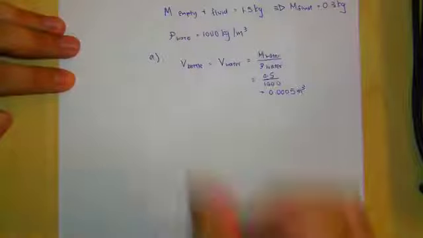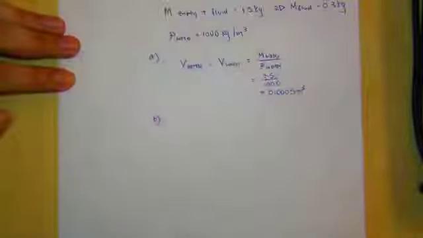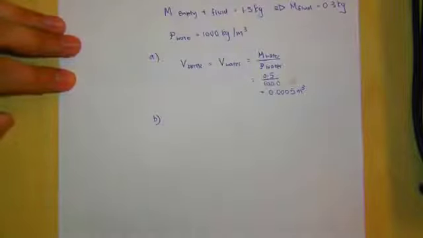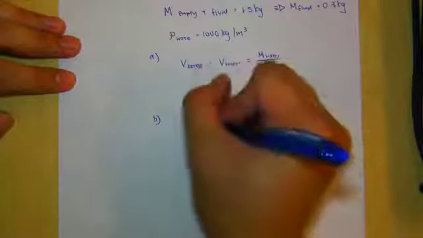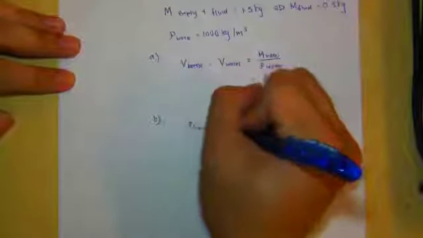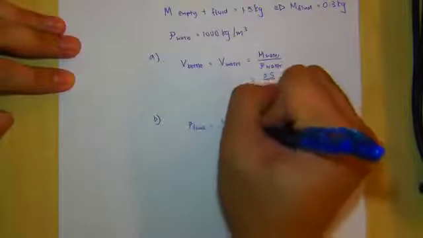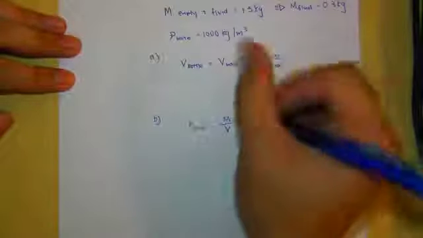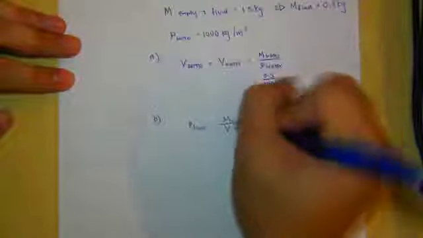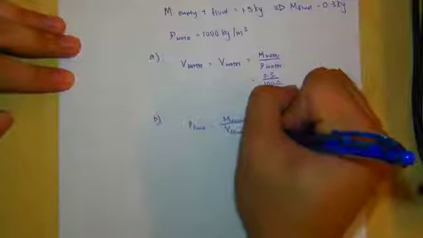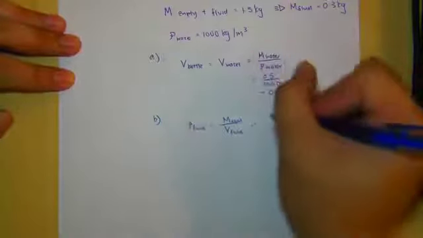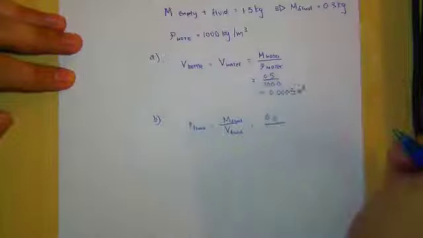B, to find the density of the fluid. To find the density of the fluid, we will use mass divided by volume. Mass of the fluid and the volume of the fluid also. Mass of the fluid in this case we already know is 0.3 lah.